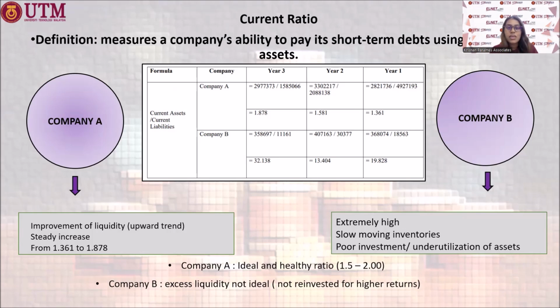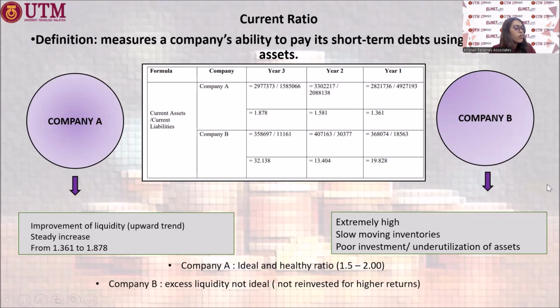Whereas in company B, the current ratio is extremely high, showing that they can pay off their short-term debts. However, this is very unlikely. They may be having slow-moving inventories, poor investment, or underutilization of assets.